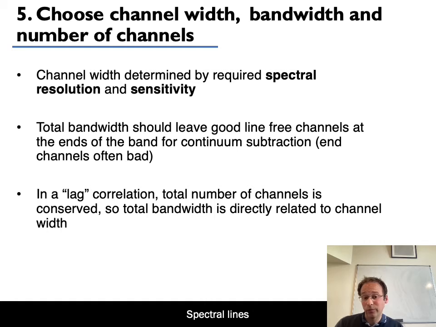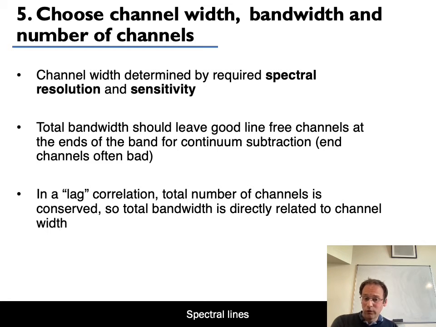It depends, of course, on whether you're interested in measuring the kinematics and whether your emission is spatially resolved. So, whether you're, for example, with the HI line, whether you want to sample just the integrated line over the whole galaxy, or whether you want to resolve individual velocity components and get a measurement of the velocity dispersion.